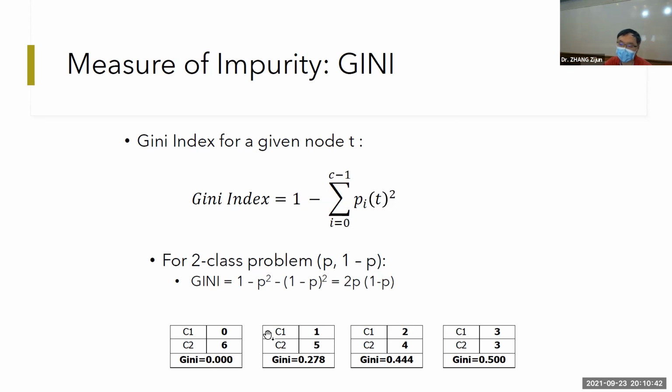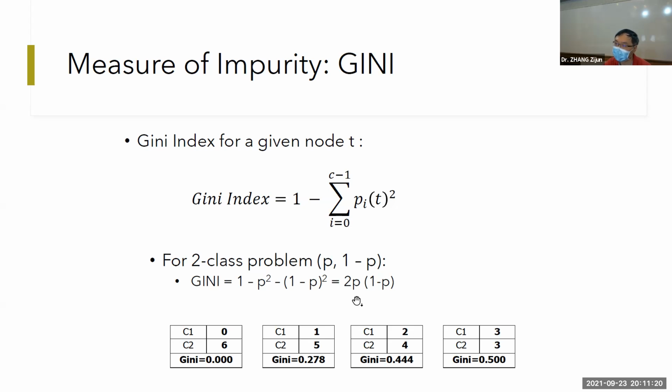Then how about if the node has the number of class 1 equal to 1, and the number of class 2 in this node is 5, then what will be the Gini value? It will be equal to 0.278. Why is it 0.278? It's 2 multiplied by 1 over 6 and multiplied by 5 over 6.